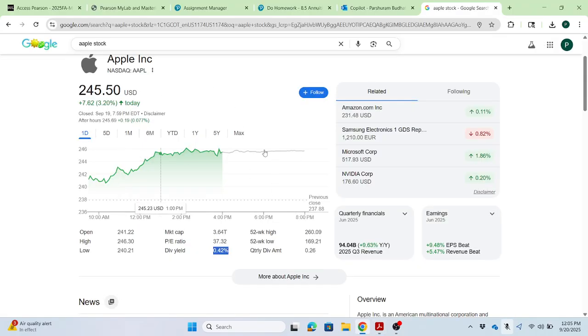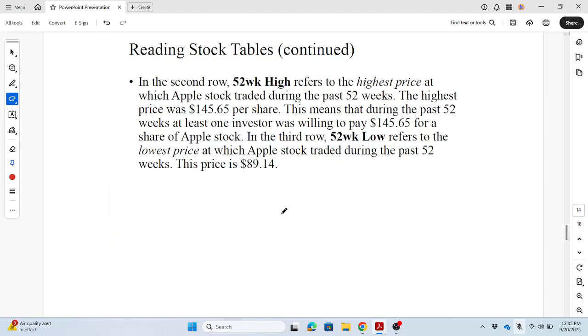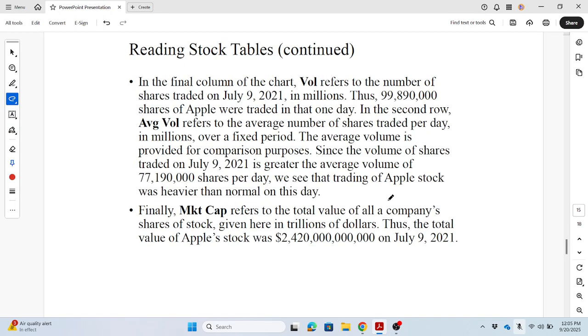If you go to the real data, as you can see here, the 52-week high from 2024 to 2025, 52 weeks, is $260 for the Apple stock. The 52-week low is $169. Okay, so those are the 52-week high and low.